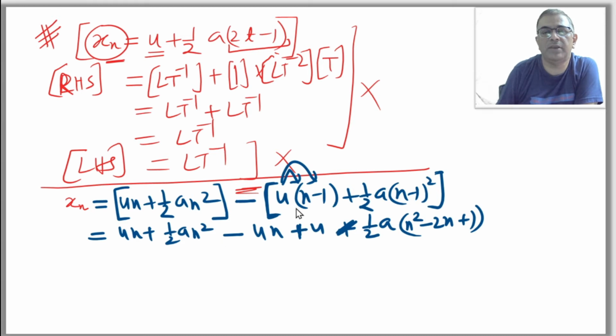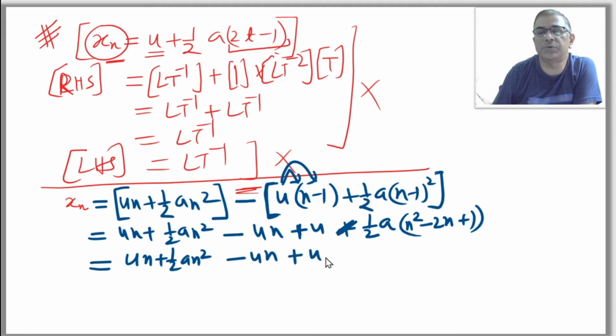So you see, instead of cutting this directly, let's wait for one or two more steps. This is un plus half a n square minus un plus u minus half a n square, plus half a into 2n, and minus half a into 1.